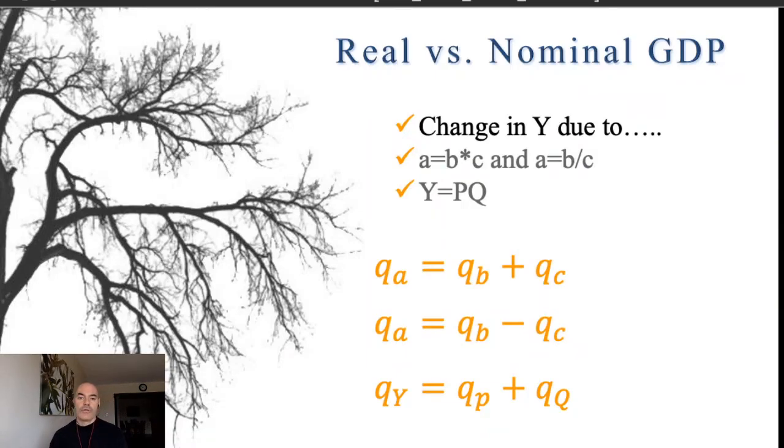So here's your summary. We talked about real GDP versus nominal GDP, the difference, its empirical applications, and we also talked about how to convert this type of statistics into growth rate terms.